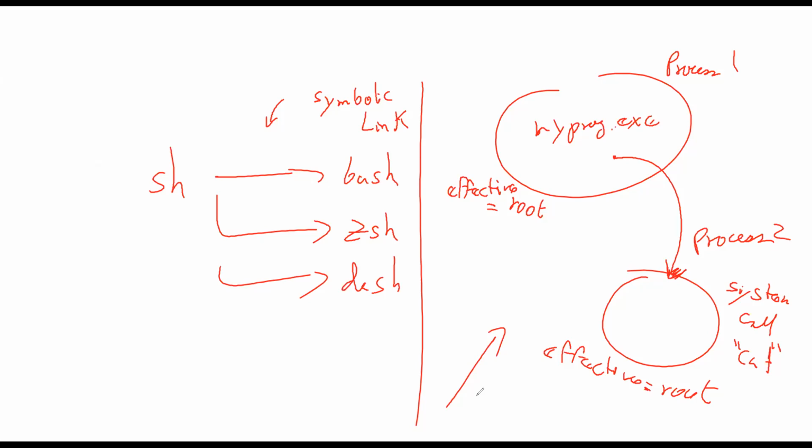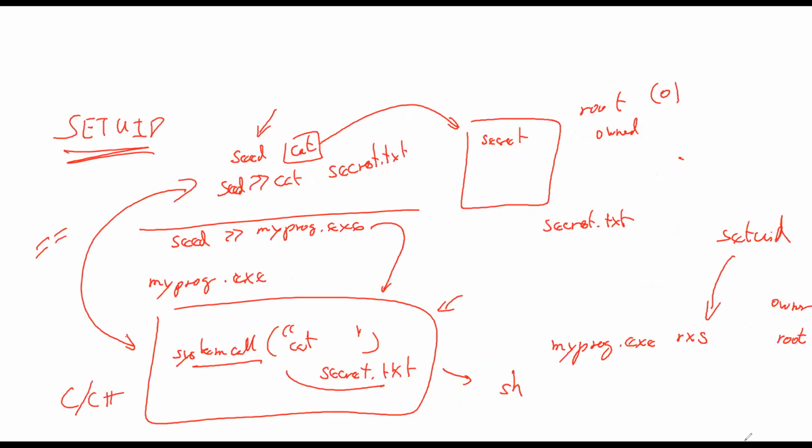Okay, so if a program is solely owned by root, then how would you run it in the first place as a normal user? Well, that question you just asked is answered by set UID, right? It's answered by set UID.